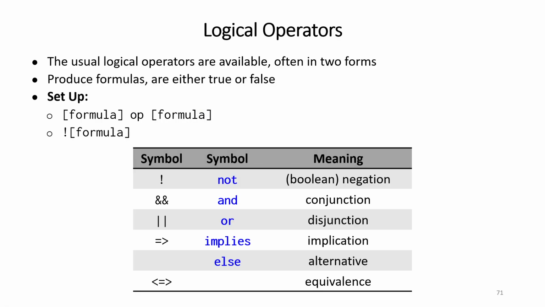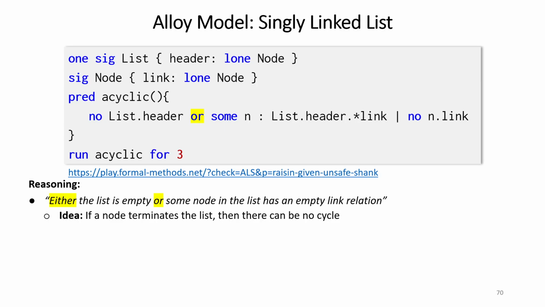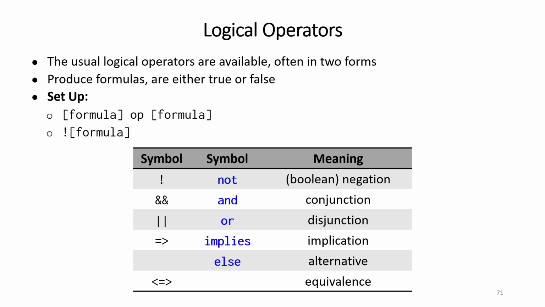So the first thing we need are these Boolean operators, and those are the logical propositional logic operators that we had before. Not is negation. You can write either the exclamation mark or the word not. Then we can have the conjunction with double ampersand symbols, or the word and, and so on.